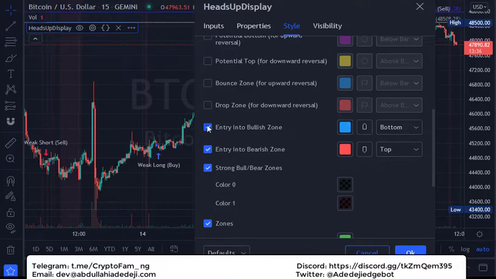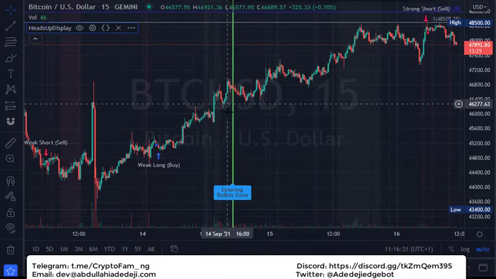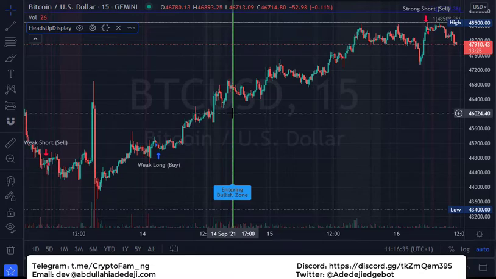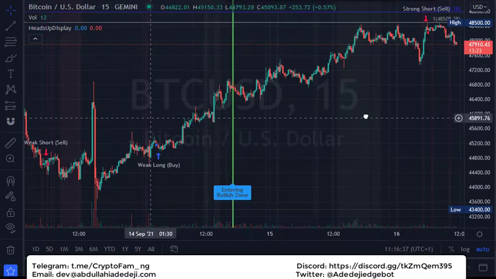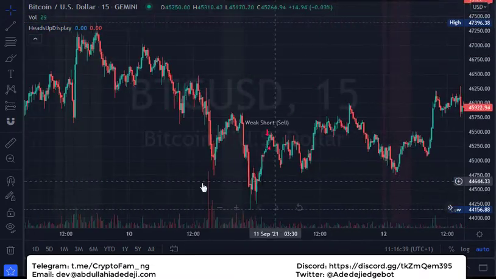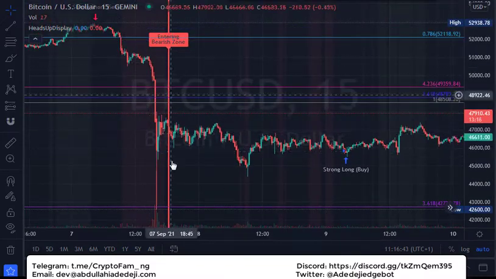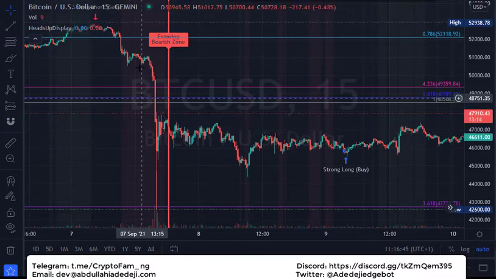And then we now have price action entering into bullish and bearish zones. Over here, price action has entered a fully bullish zone, and over here it has entered a fully bearish zone, even though it was after the move.